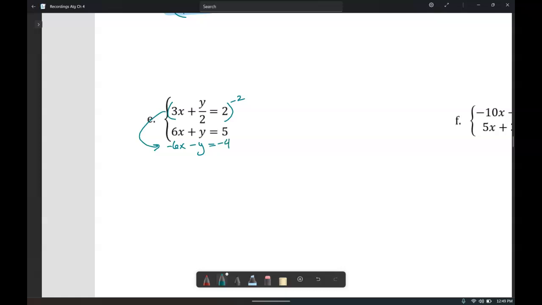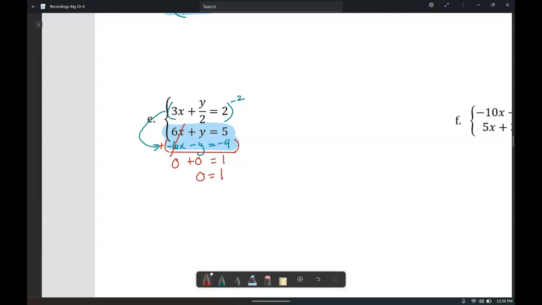And so I've just written this underneath here, and you can see now that if we were to go ahead and add these two equations together, well, what's going to happen is that 6x plus negative 6x is 0, and y plus negative y is 0, and 5 plus negative 4 is 1. So we're left with 0 equals 1.